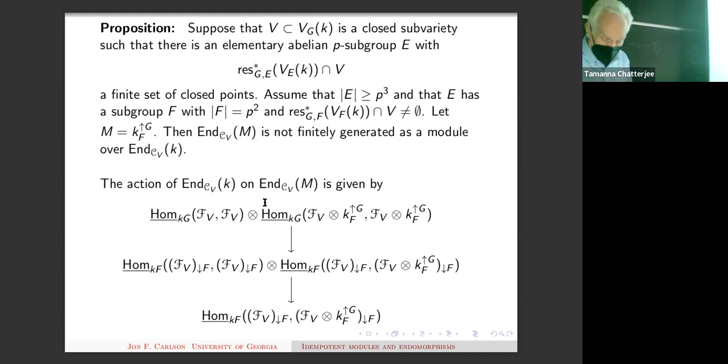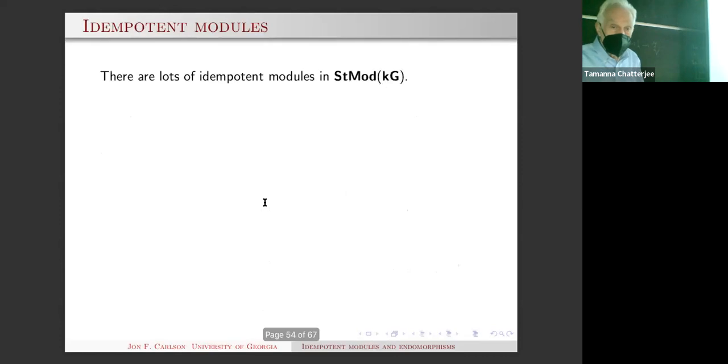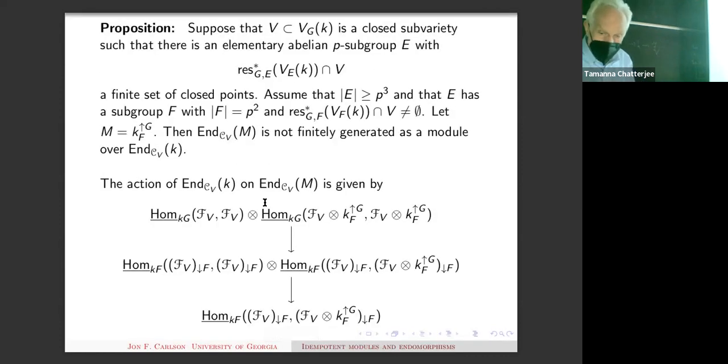And so what happens is you get 0. You get 0 action of that big ideal on the cohomology ring of this module in the localized category.